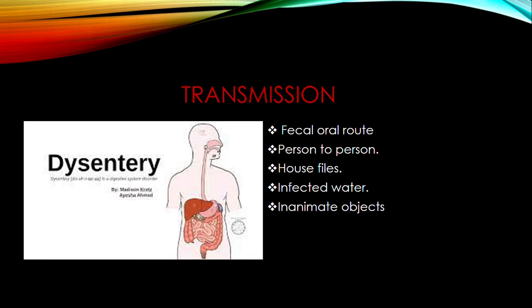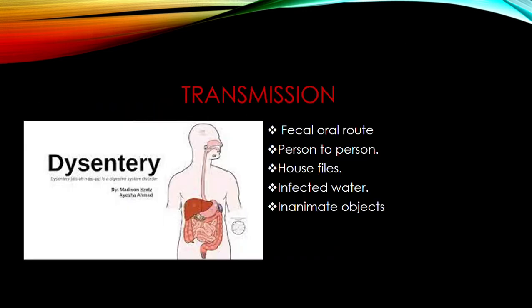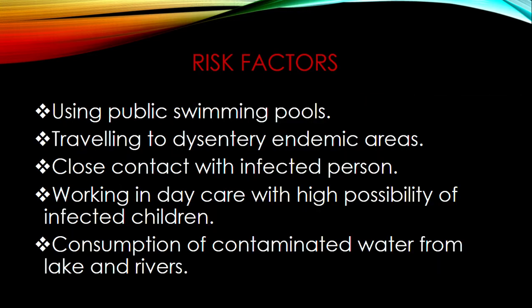Then flies can also facilitate the transmission of the disease. Then water which is infected with the bacteria. Then any objects which can carry the microorganism can also facilitate the transmission of the infection.